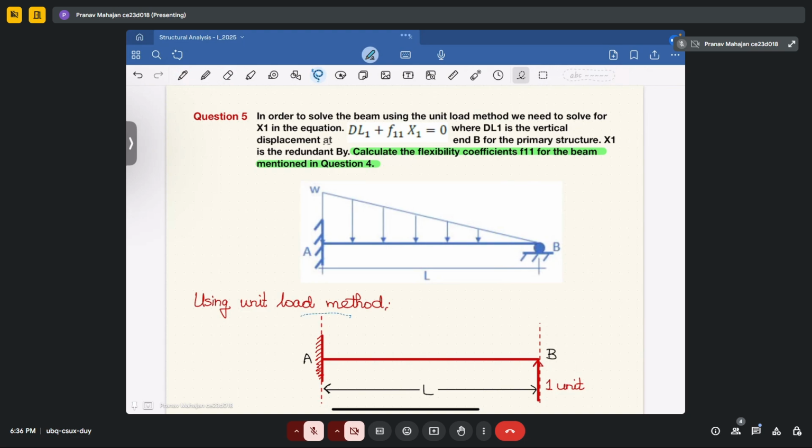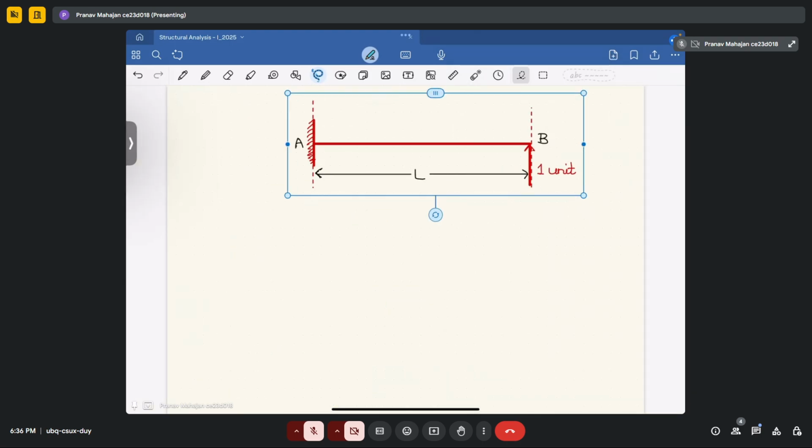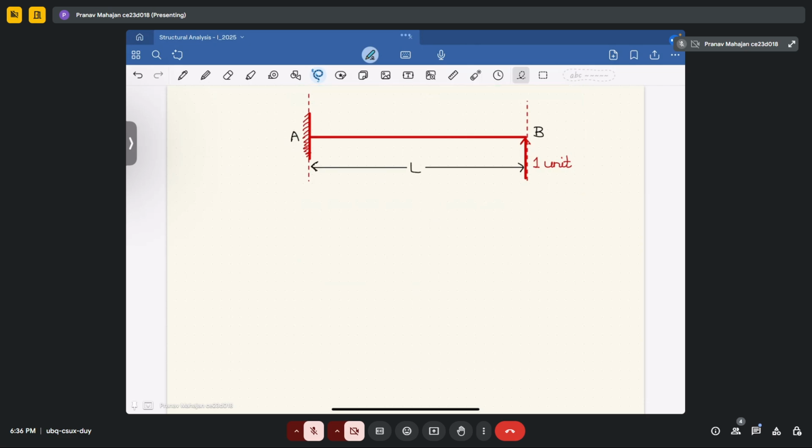So let me copy this diagram in the next slide, and then we will try to solve it. Okay, so now you have this unit load diagram. So how will its M upon EI diagram look? So let's see that.